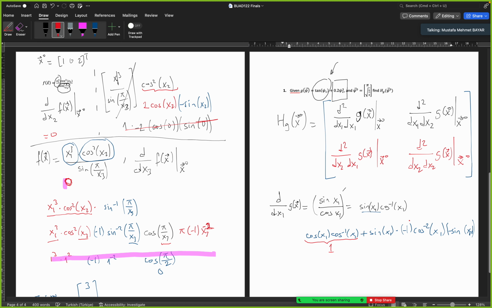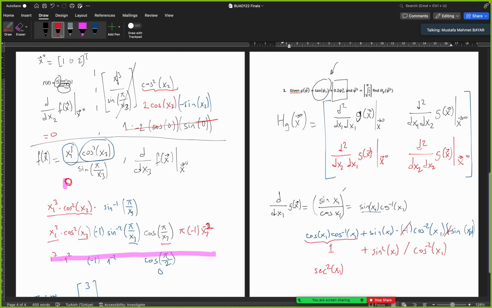So then the two negations just cancel each other out. I have a sine squared of x1 here over cosine to the negative 2 of x1 here, which actually is just secant squared of x1.